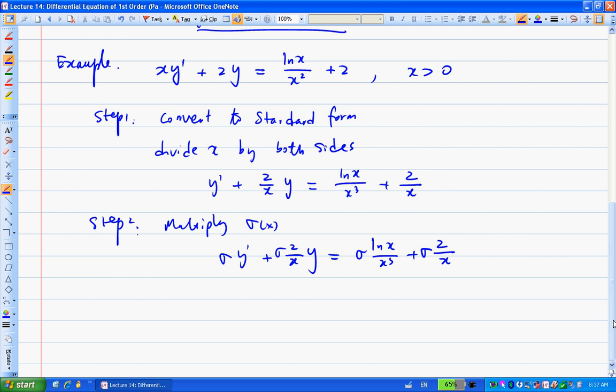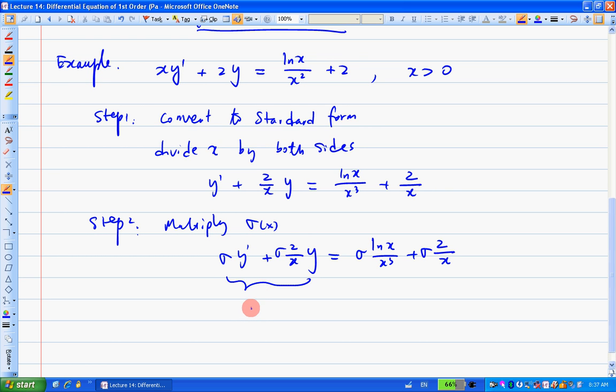You multiply the integrating factor we're trying to find to both sides of the differential equation. Now the objective is to write this side here.